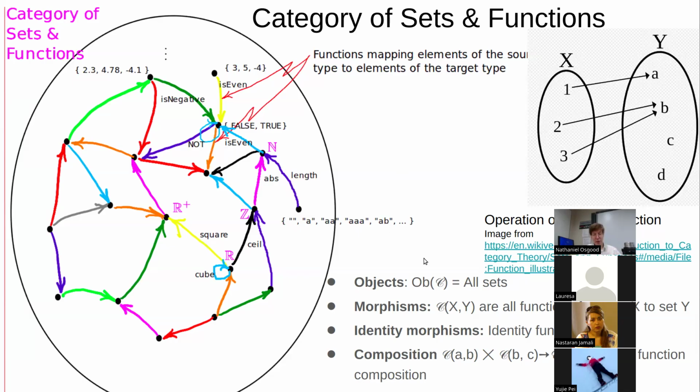So the objects are sets, and the morphisms from set x to set y are functions. And in the book, there's quite some discussion about size issues that I'm not going to go into, but as some of you will know from Russell's paradox, you can't talk about the set of all sets. And so we talk about a class of sets, for example.